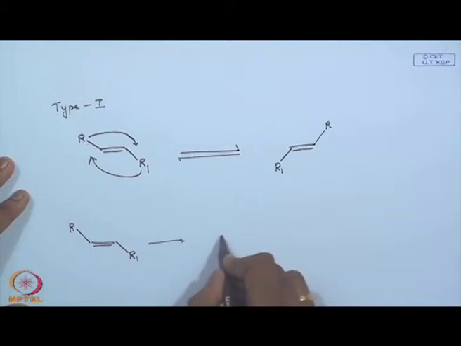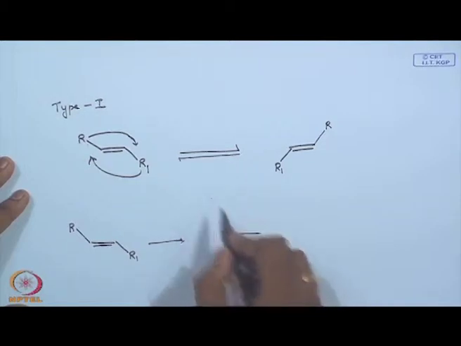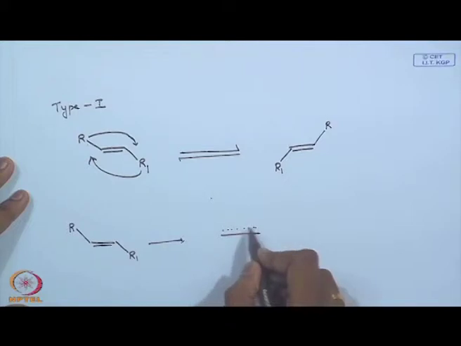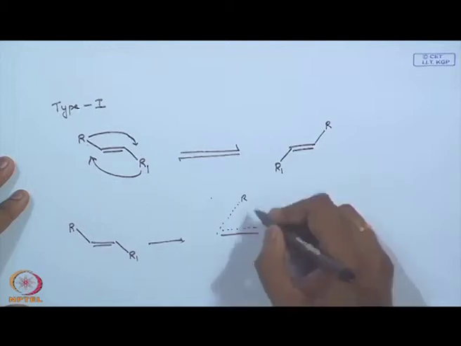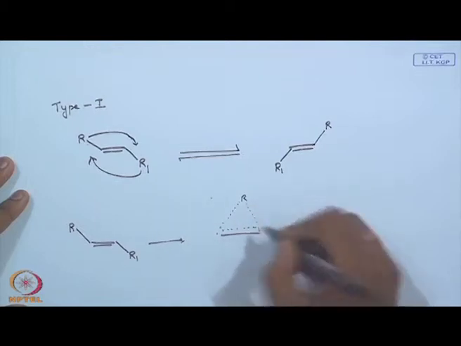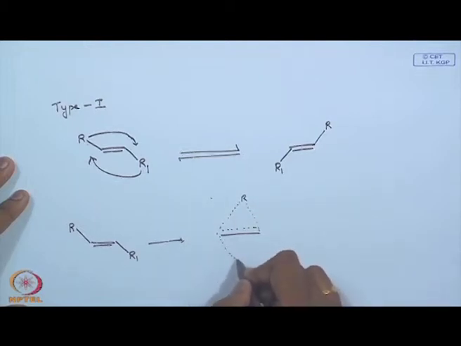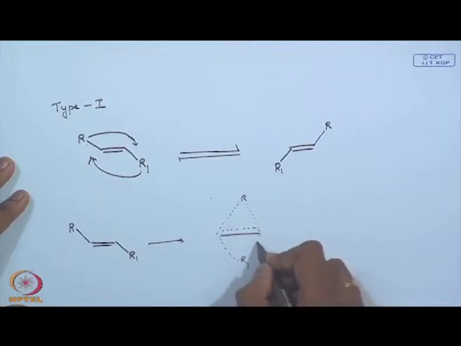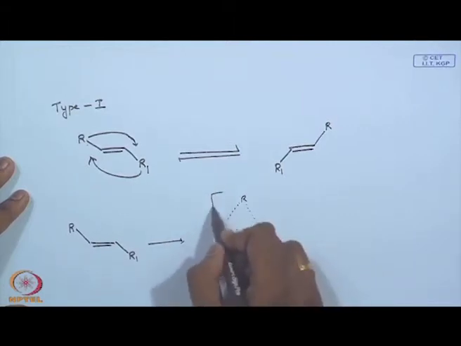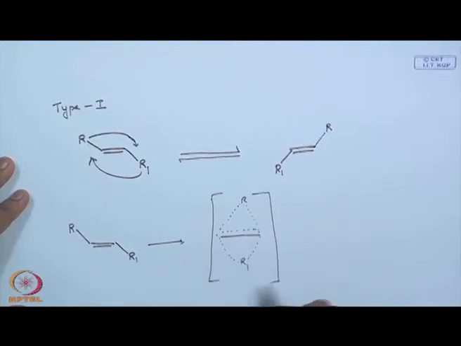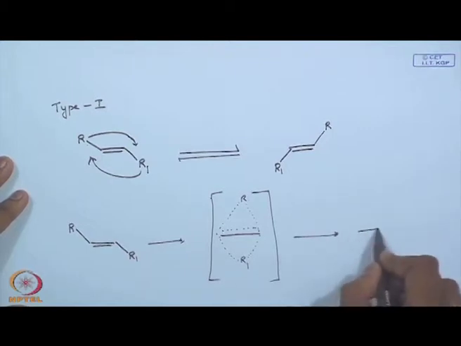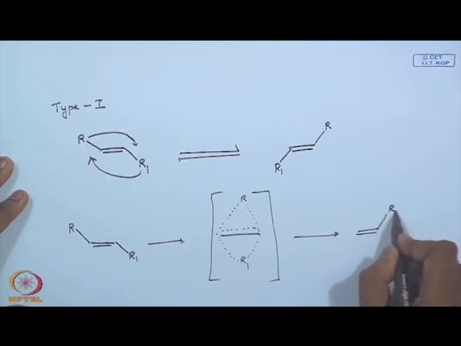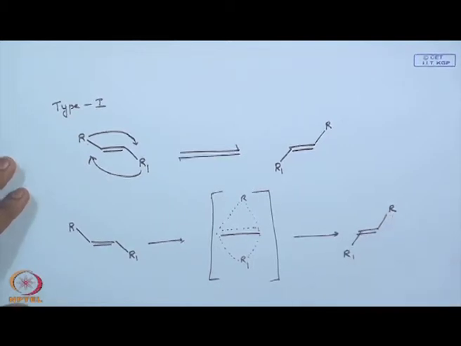I can have a transition state like this, with my R here, then my R1. This then gives the interchange of R and R1.